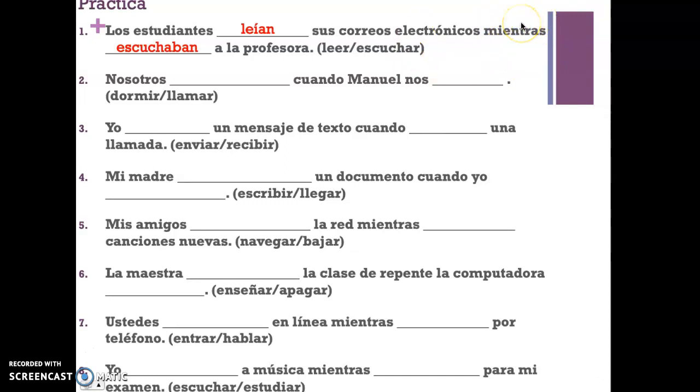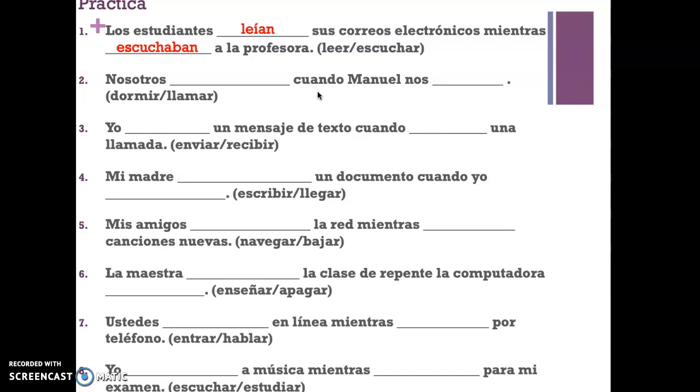Same thing for number 2, except now we have cuando. Cuando tells you the first verb should be the imperfect, and the second verb should be the preterite tense, because there's going to be an interruption to an ongoing event. The first action was ongoing. Nosotros dormir. We were sleeping. That was an ongoing event for a long period of time.